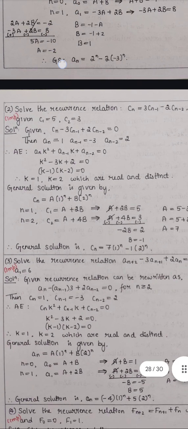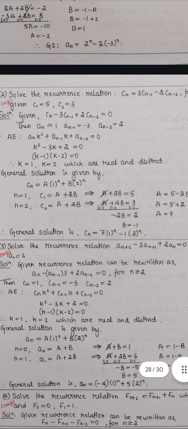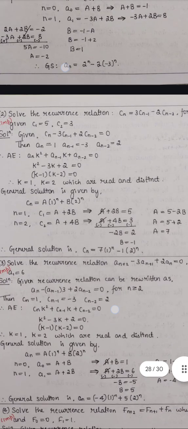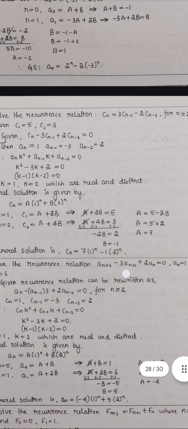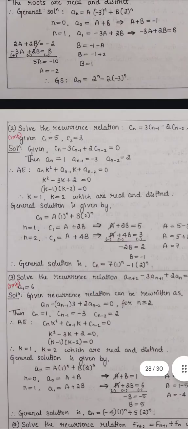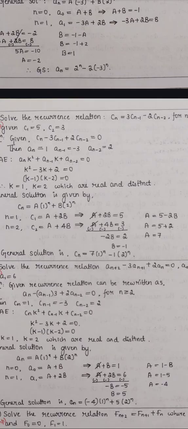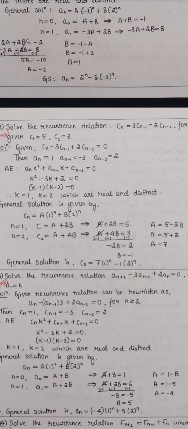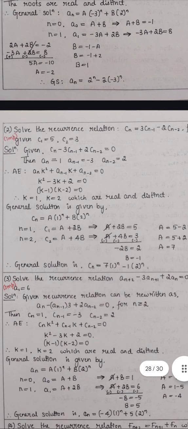Solve the recurrence relation Cn equals 3 into Cn minus 1 minus 2 Cn minus 2 for n greater than or equal to 2, given that C1 is 5 and C2 is 3. So Cn minus 3 Cn minus 1 plus 2 Cn minus 2 equals 0. Here an equals 1, an minus 1 equals minus 3, an minus 2 is 2.